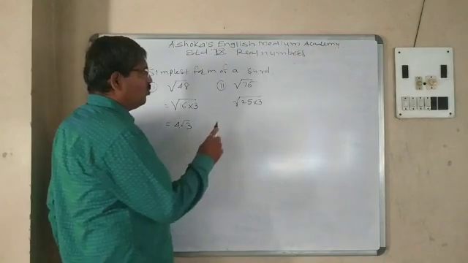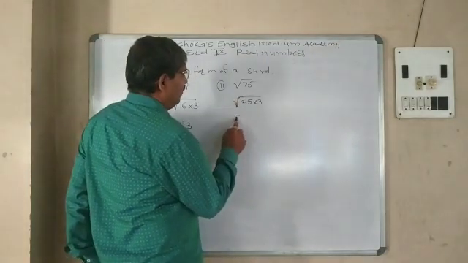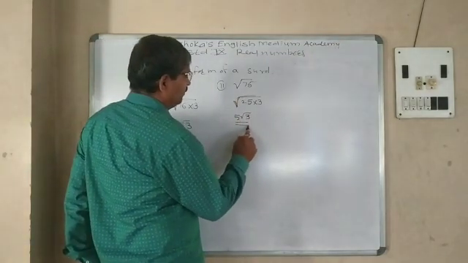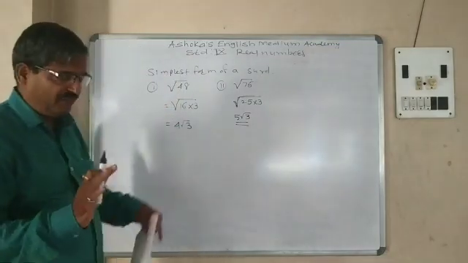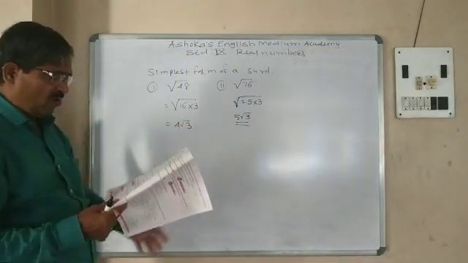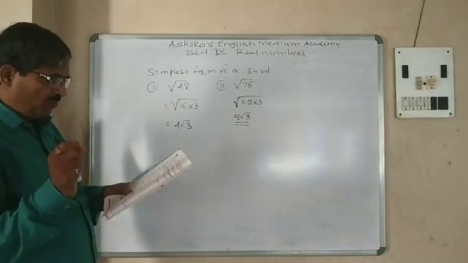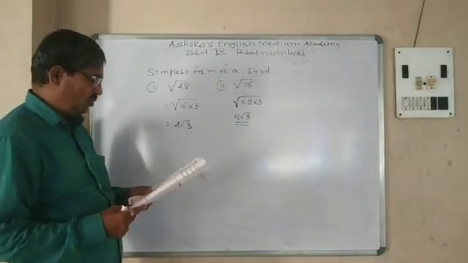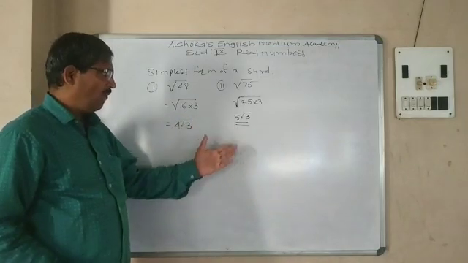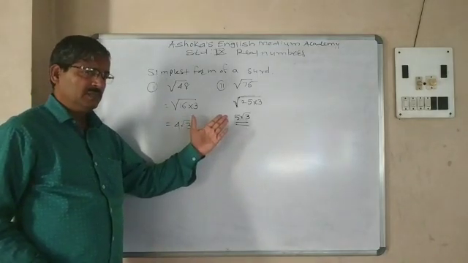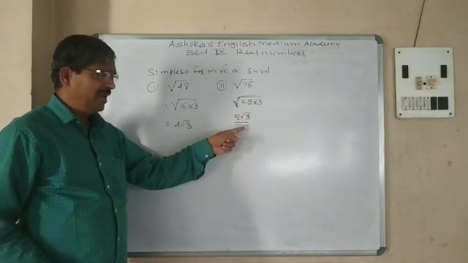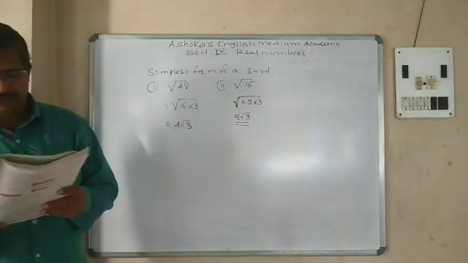So what is the square root of 25? 5 under root 3. How to simplify, do you understand? From here onwards there is no possibility of getting any other simpler form.